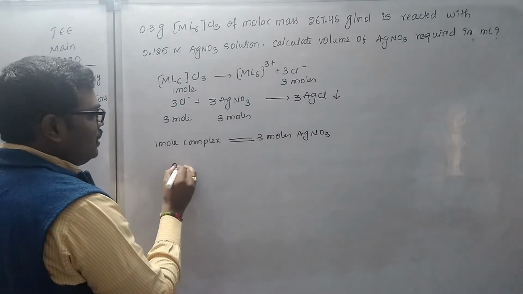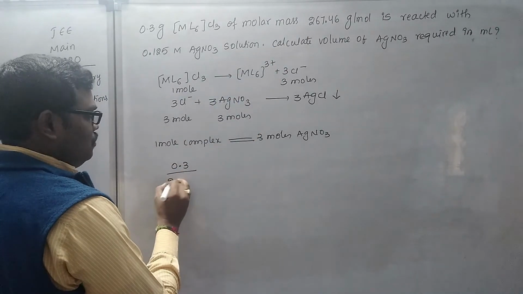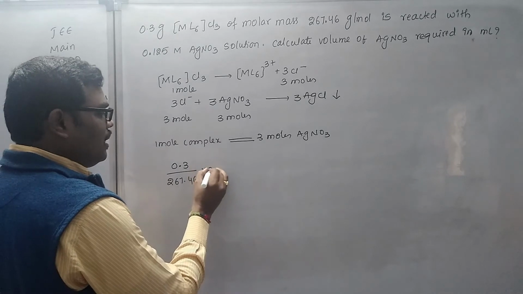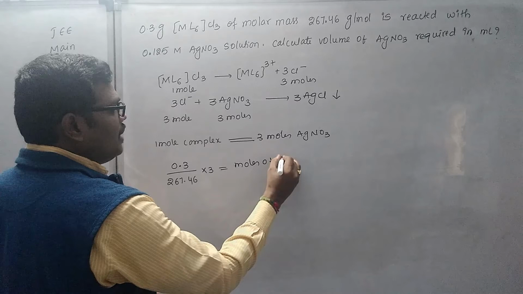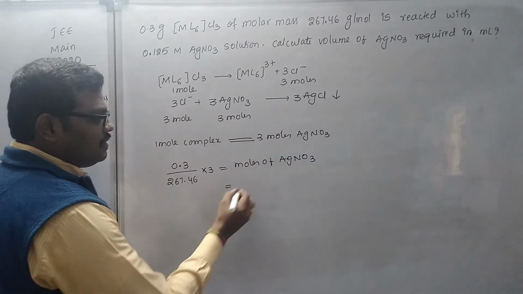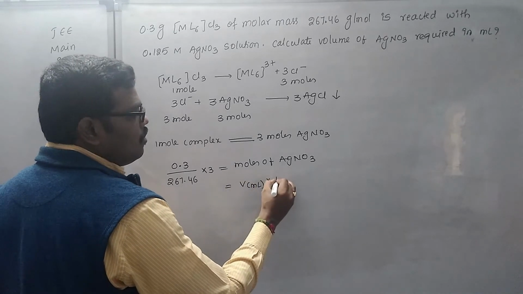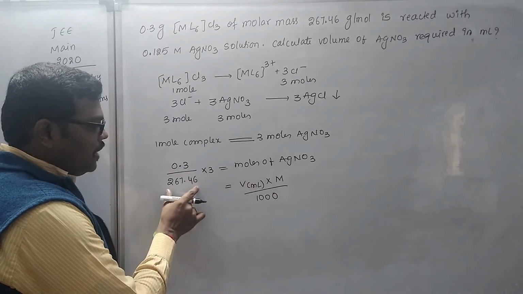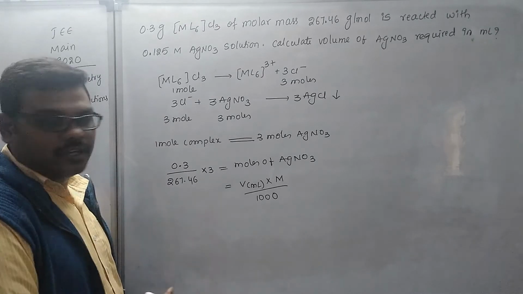Calculate number of moles of complex. Given weight is 0.3 by what is molar mass? 267.46 times 3, that is equal to moles of AgNO3. So moles also expressed in volume in milliliter times molarity by 1000. 0.3 by 267.46 times 3 moles of AgNO3 is required.